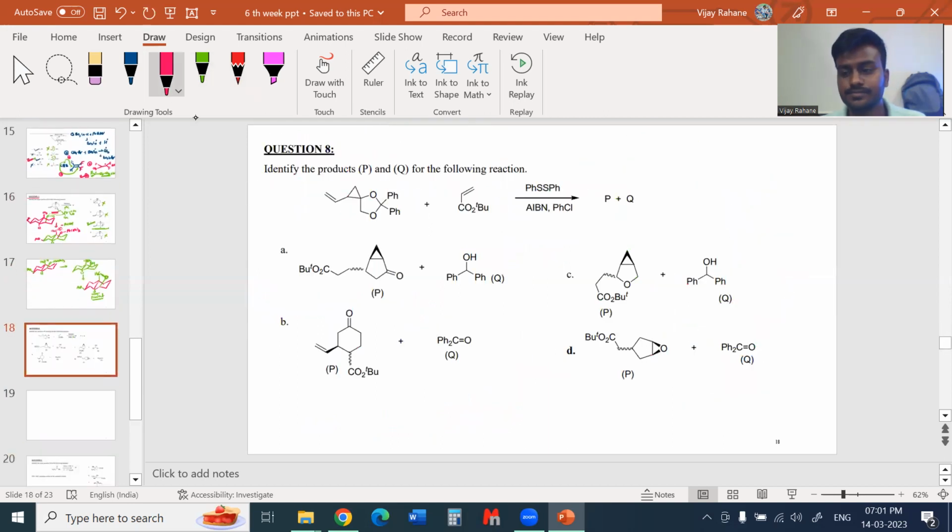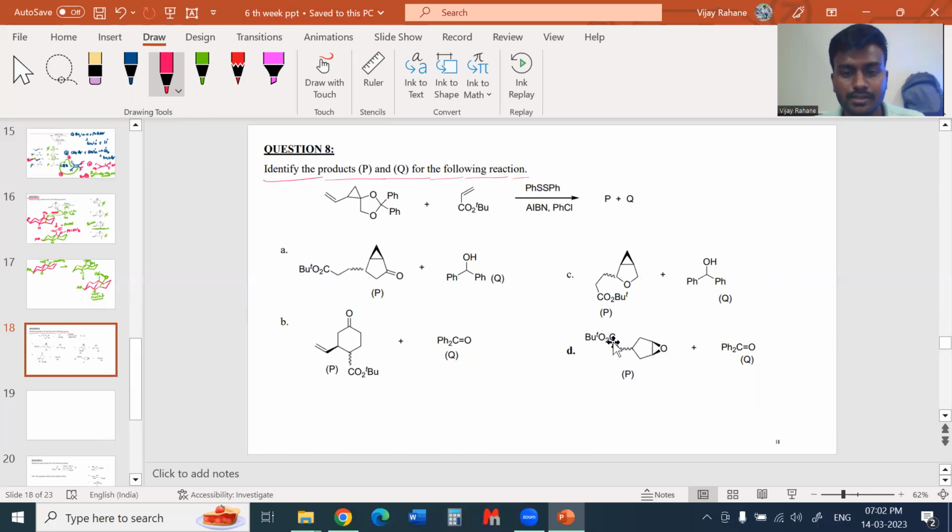Next question is to identify the product P and Q for the following reaction. They have given two reactions, P and Q, and we need to solve. Identify P and Q in the following reaction.